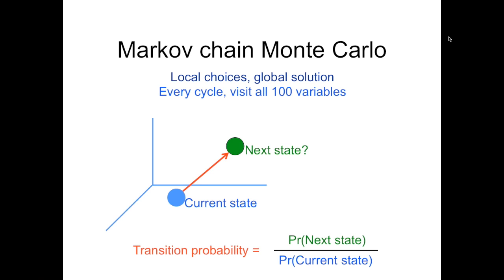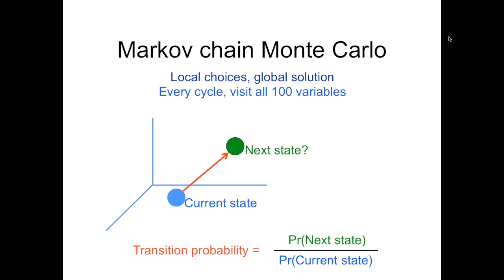However, if that next state is not as good, then a choice gets made, and there's a transition probability shown on the bottom, which is essentially the probability of that next state in green divided by the probability of the current state. So that transition will occur to the next state even if the probability is less, with that ratio of the probability of the next state to the current state.